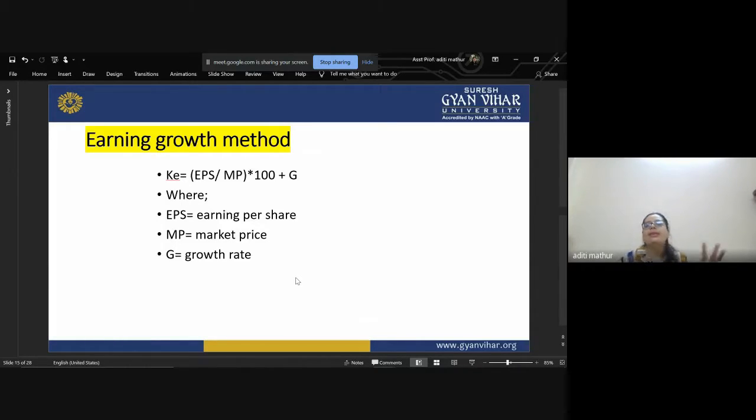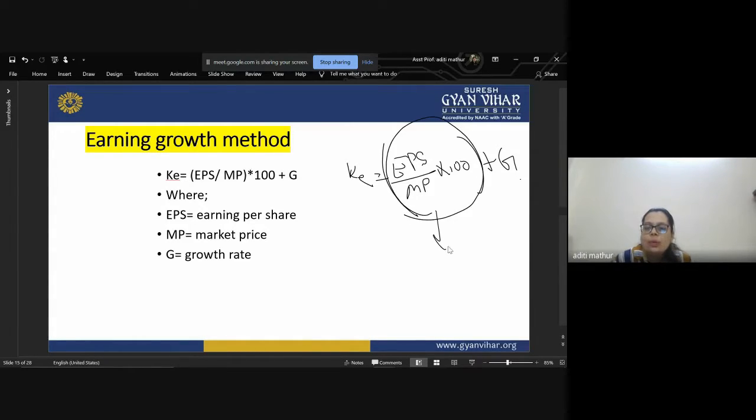The same way we did our dividend yield growth, right? So for that, we are simply going to write KE is equal to EPS divided by market price into 100 plus capital G. And this is the formula to calculate KE with your earning growth method.